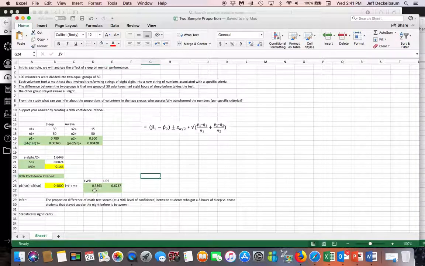So our confidence interval goes from 0.336, or 0.34, to 0.62. So what we infer is the proportion difference of math scores for this type of test at a 90% level of confidence between students who got 8 hours of sleep versus those students that stayed awake the night before is between 0.34 and 0.62.